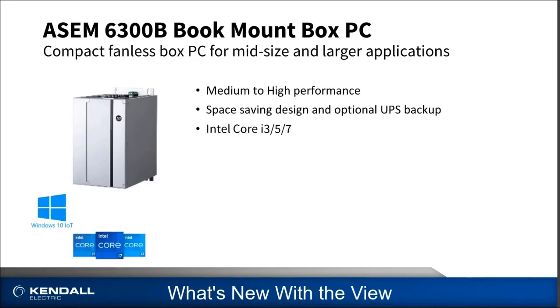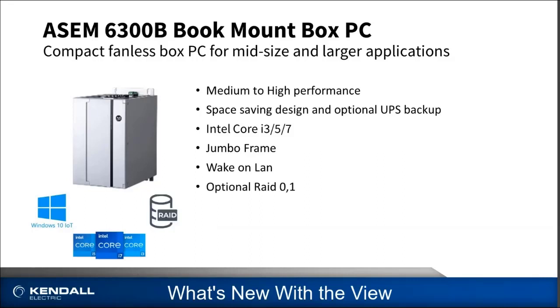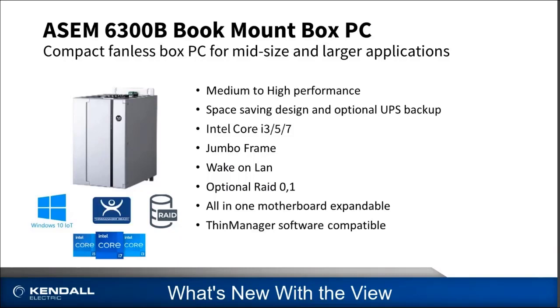This also has Intel Core i3, 5, or 7 processors, that same jumbo frame and Wake on LAN functionality, but comes with optional RAID 0 or 1 compliance, for applications requiring that high reliability. These also have an all-in-one motherboard, which is expandable with up to 2 PCI slots and extractable storage. And these are also compatible with Thin Manager software.